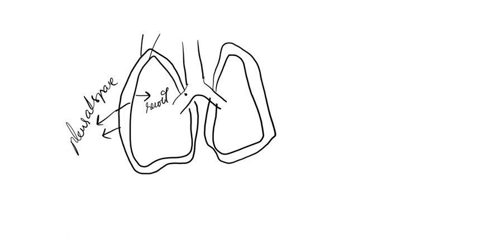So these two, the ribs and the lungs, act in opposite directions. Ribs go like this and lungs want to recoil like this, so this space always remains in a negative state.